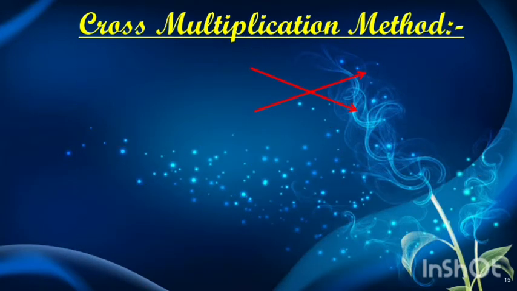In the cross multiplication method, we write the two fractions like this and put arrows between them. The first arrow will move from 5 towards the denominator of the second fraction, which is 6. And our second arrow will start from 7, which is denominator number 1, and move towards the numerator of the second fraction, that means 4.